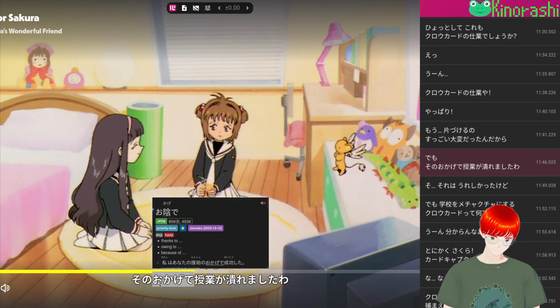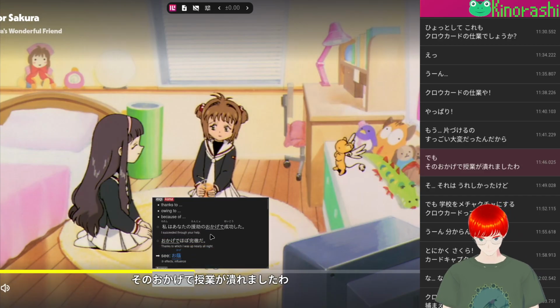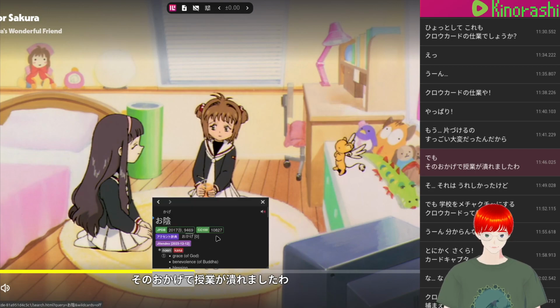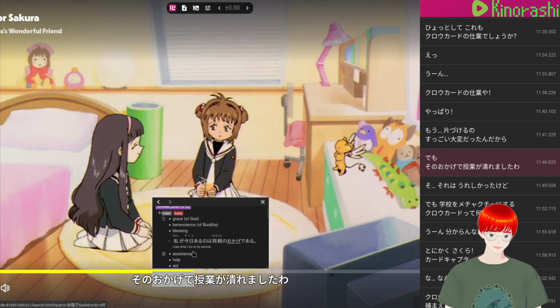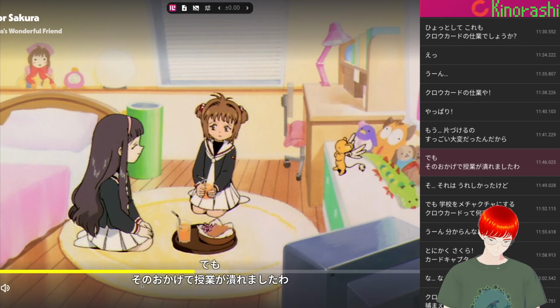Sono, let's see. Thanks, owing to, because of. Look at okage. Great. Oh, is this a different verb? Help, aid, assistance. Okay. So, sono okage de, so that help.